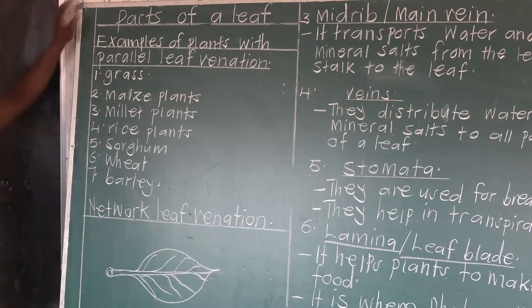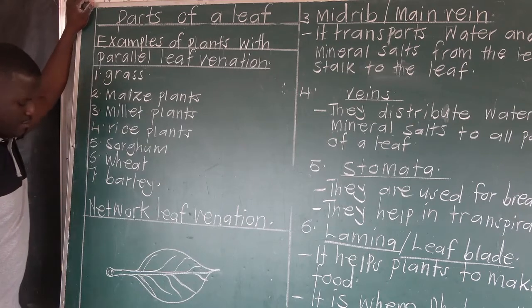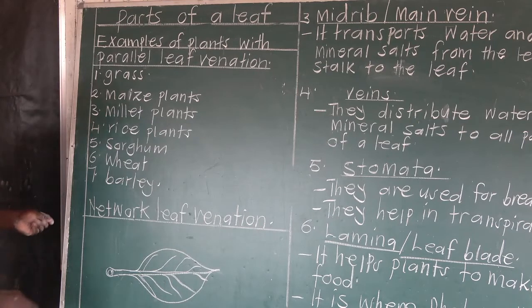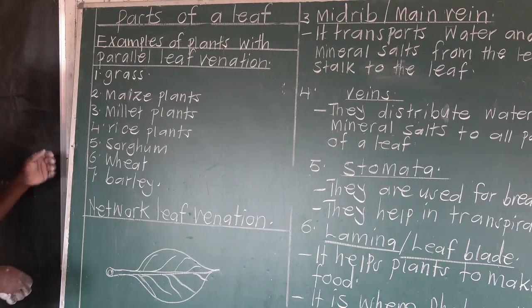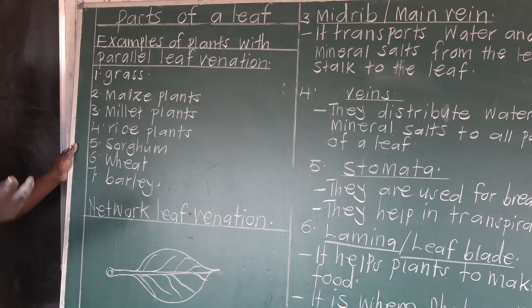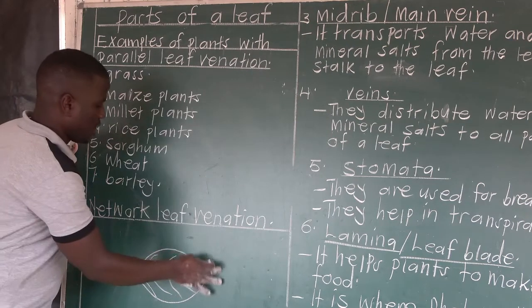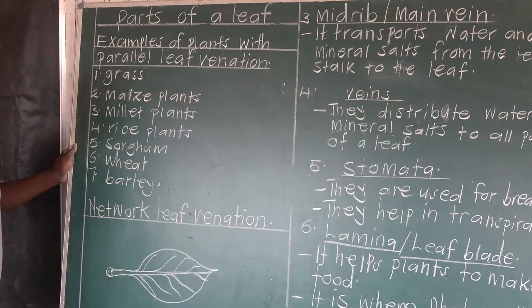We have plants with network leaf venation. For example, we have beans, soya beans, mango plants, oranges, jackfruit plants. All those plants have network leaf venation.